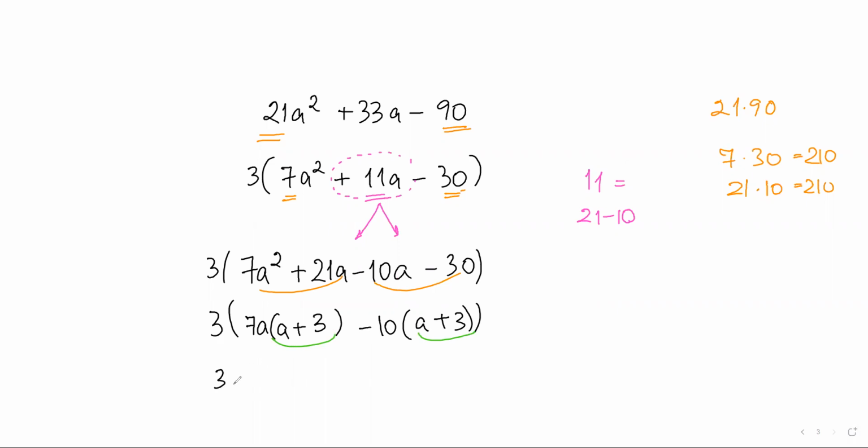Again, 3 stays. A plus 3. And if I close a plus 3 in the same manner as I did before, here and here, I see 7a minus 10 is left.